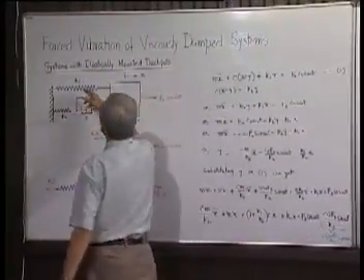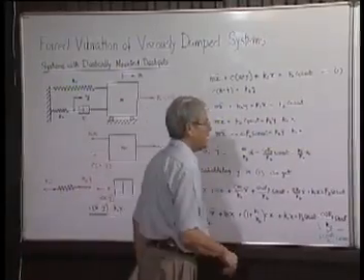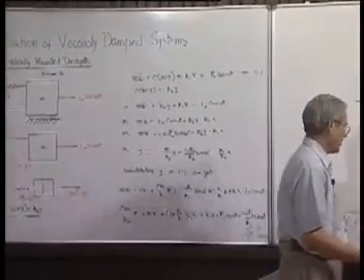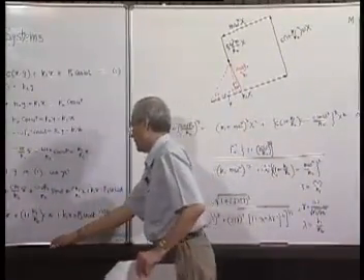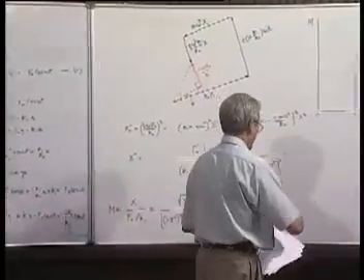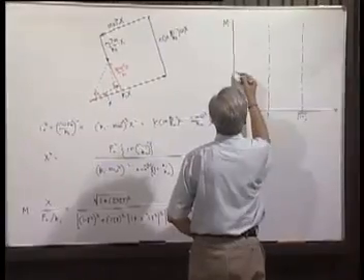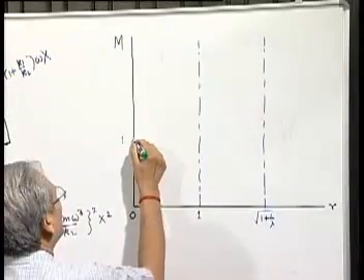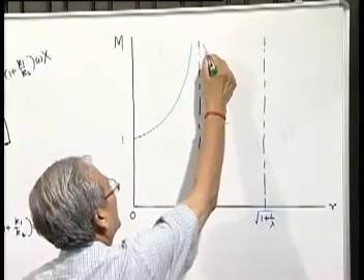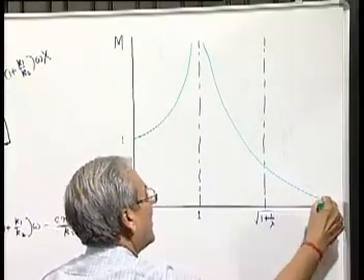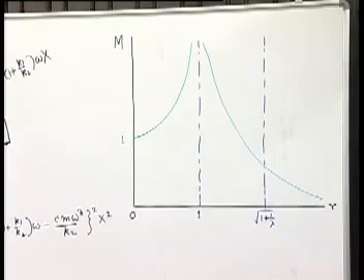So it becomes a simple spring mass system, and its natural frequency is obviously square root of k1 by m, and the response will be, as we have seen before, it will start from 1 and drop to 0 asymptotically.